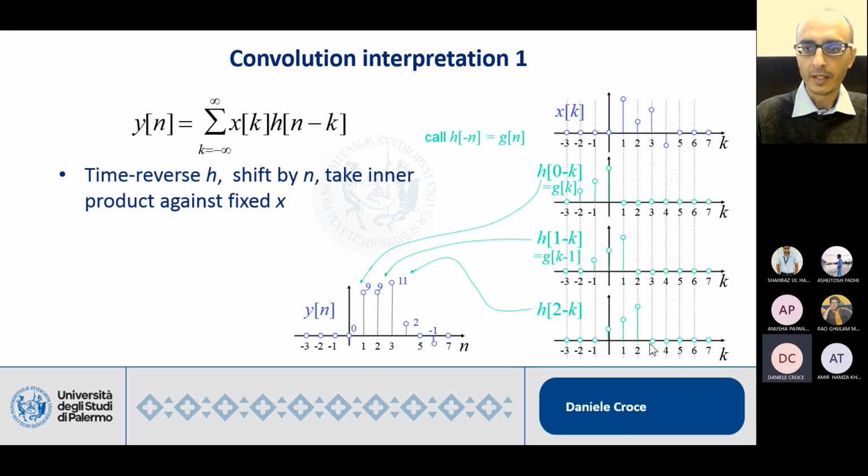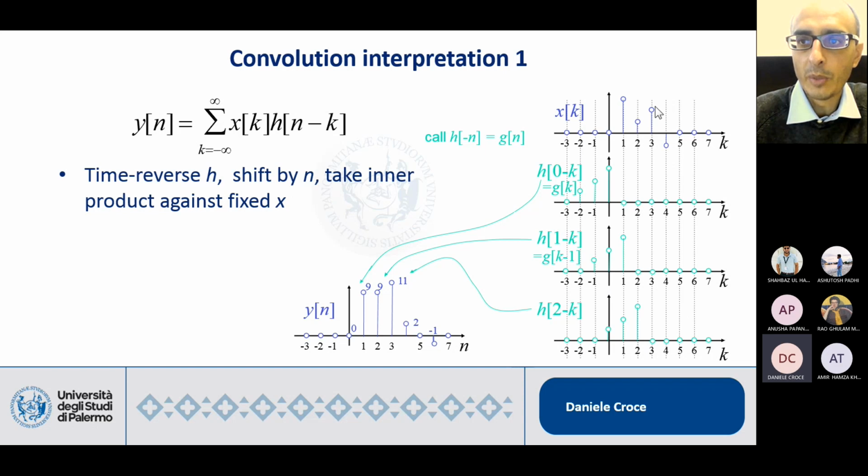Sorry. Okay, so this is basically what is happening here. You have here this flipped sequence, h, that moves inside, and every time it moves inside, the overlap is higher, and so the convolution goes up, and then afterwards, it goes out from the other side.